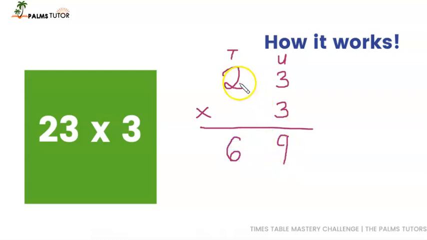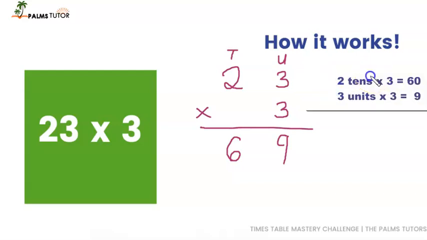So what we are doing is, because we have 23, which is 2 tens and 3 units, we multiply the tens by our multiplier, which is 3, and multiply the units also by our multiplier, which is 3. So 2 tens times 3 will give us what? 6 tens.